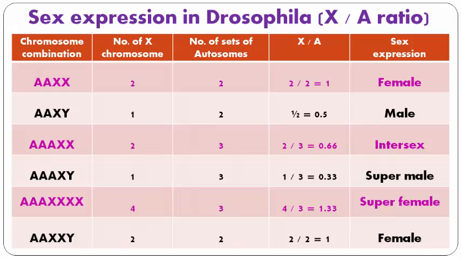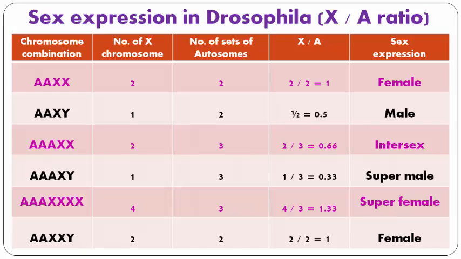First column shows the chromosome combination. In second column we have mentioned number of X chromosomes. In third column number of sets of autosomes. In fourth column the proportion of X to autosomes, and finally the sex expression is mentioned.